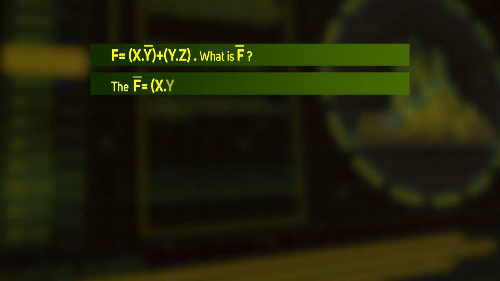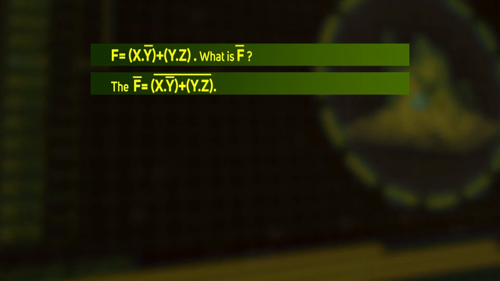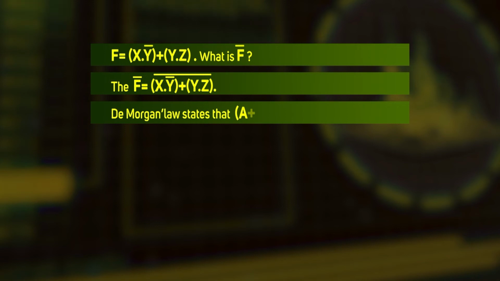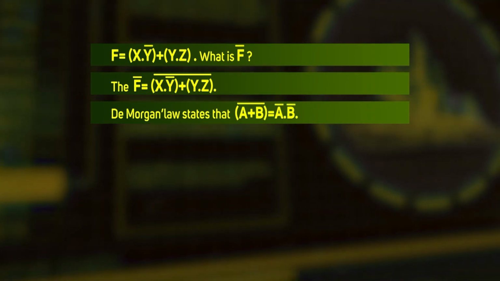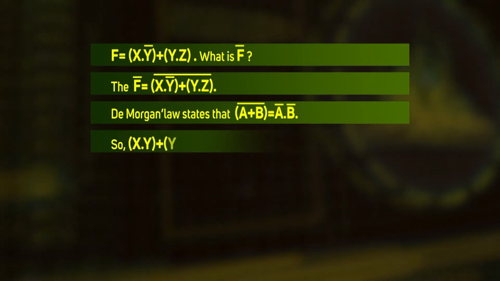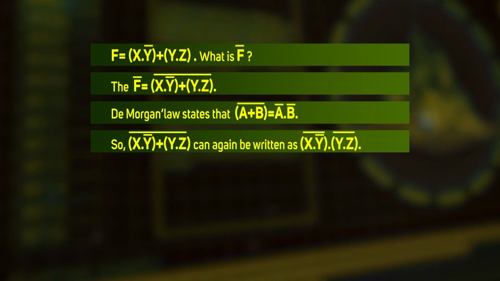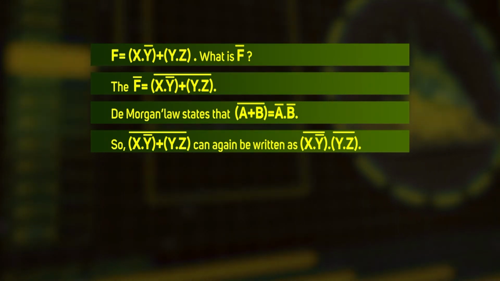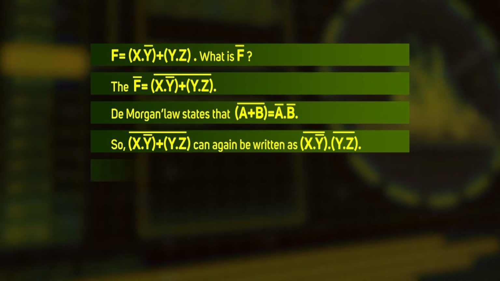The f complement is equal to (x dot y complement plus y dot z) whole complement. De Morgan's law states that (a plus b) whole complement is equal to a complement dot b complement. So, (x dot y complement plus y dot z) whole complement can be written as (x dot y complement) whole complement dot (y dot z) whole complement.